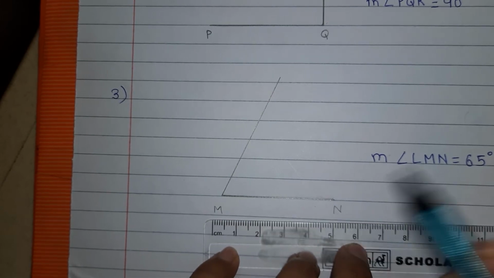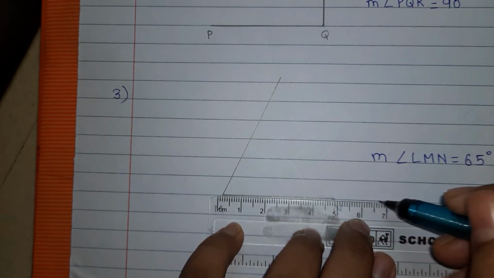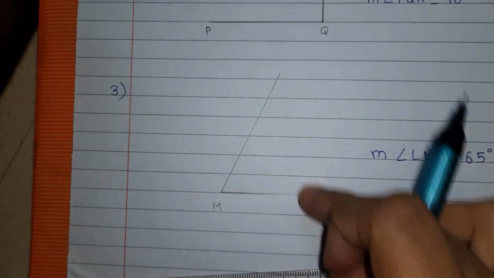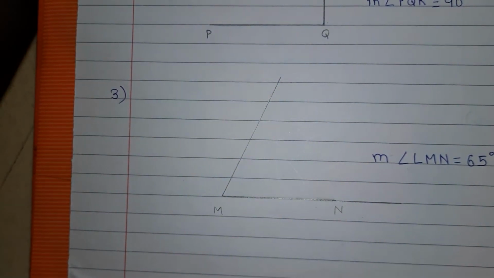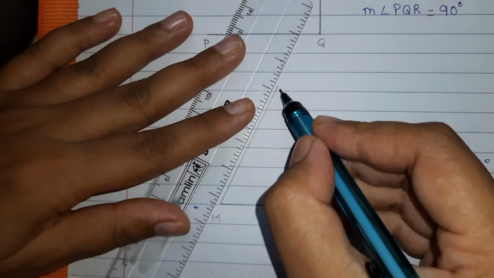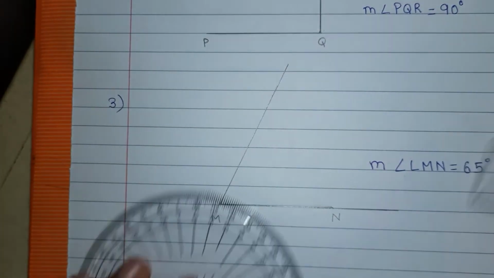So now I have drawn till here. If I want, I can extend it till wherever I want. This will not change the measurement of the angle. Now I have increased the length of the arm. So let's see what is the measurement of the angle.